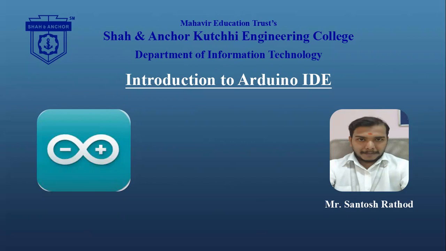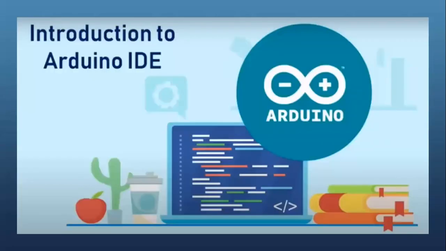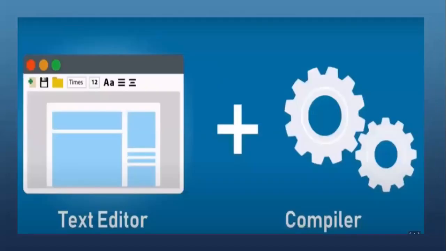So in this video, we will be dealing with the introduction to the Arduino IDE. In this section, I will tell you about the Arduino IDE. But before we jump into that, first of all, we need to understand what an IDE is. An IDE is a text editor like a notepad along with the compiler, which is a bare requirement to start coding.